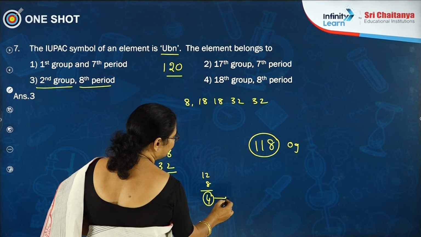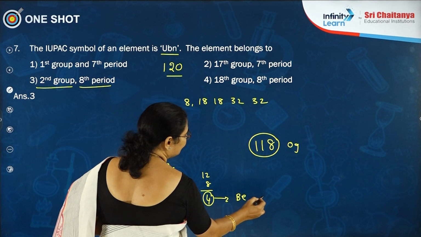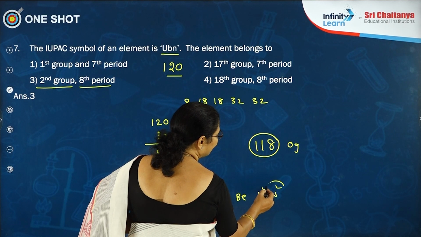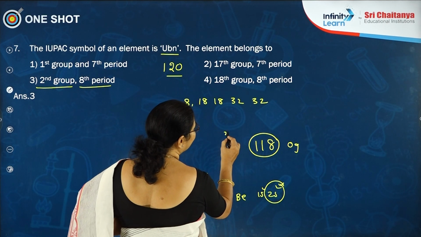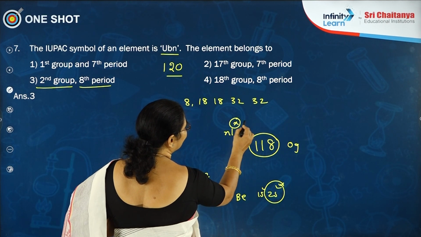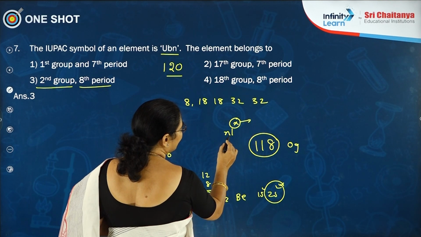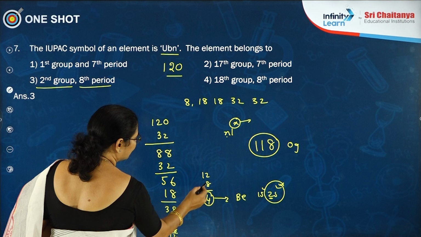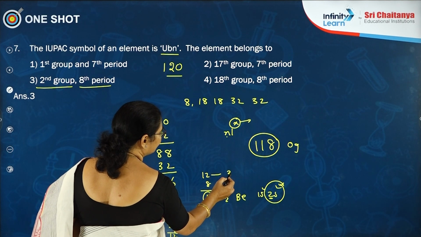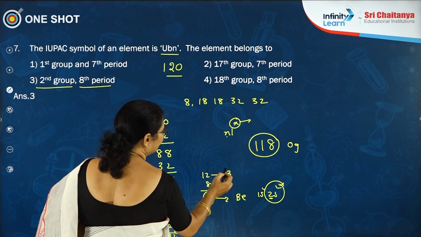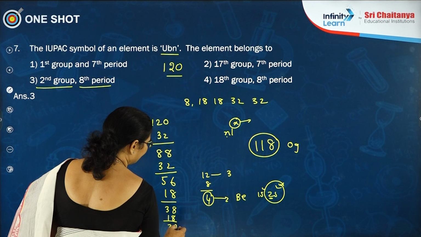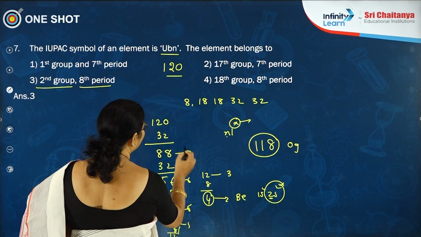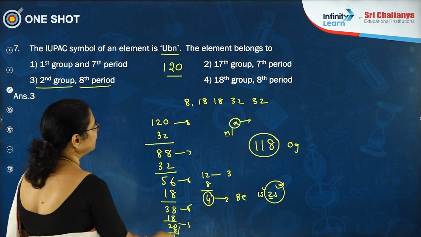The fourth is nothing but beryllium. Beryllium configuration is 1s2, 2s2. In the nlx notation, x indicates the number of electrons and n indicates the period number: second period, second group. Then this becomes third 3s2, third period, fourth period, fifth period, sixth period, seventh period, eighth period. This method is also there.